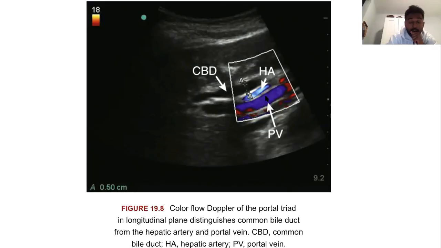But in the case, the portal blood goes like this and flows up and shows up red. But the hepatic vein blood flow, I explained this, I think you went to Guru, where the portal vein brings the blood and kind of disperses it all across the liver, right? In order to do that, it comes up and goes anteriorly this way, this way, this way. And the hepatic vein does the opposite. It collects the blood from all of the liver and takes it to the inferior vena cava.